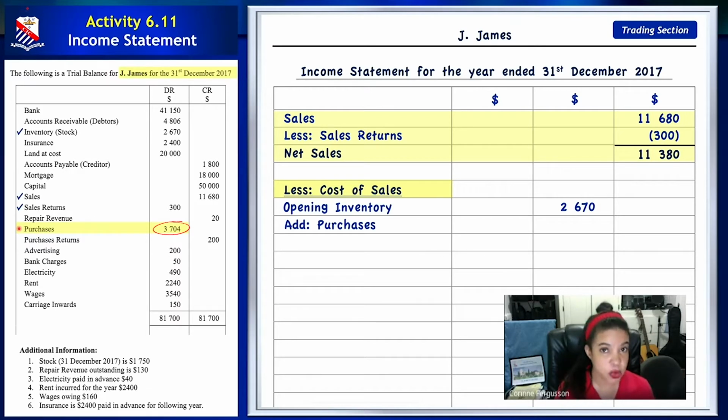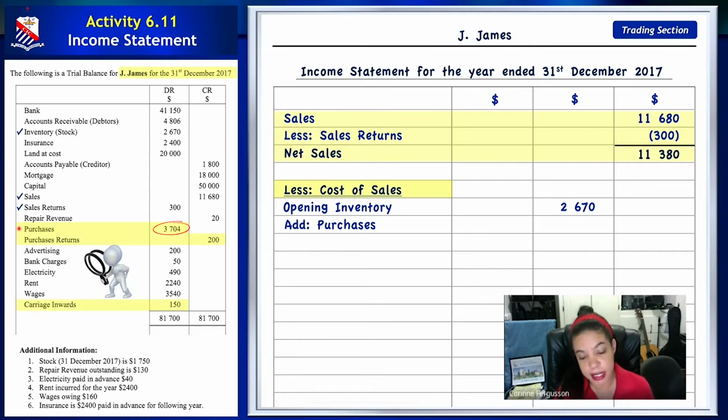What adjustments do we usually have to do? 2 adjustments to purchases, which would be, are there any returns outwards, also known as purchases returns, and carriage inwards? So you have to go into your trial balance and look to see if you have any of those 2 things that would adjust the purchases figure.